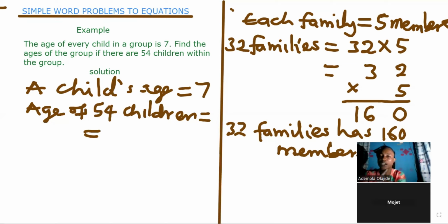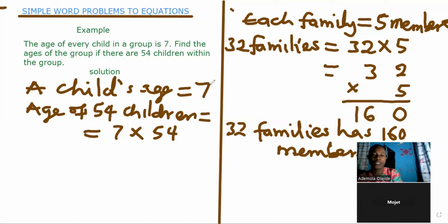So either you say 7 plus 7 plus 7 in 54 places and sum up to get the age of 54 children. But since that will take our time, instead of doing that, we say 7 in 54 places. That is the same thing as 7 times 54.